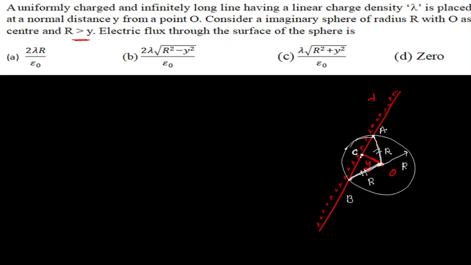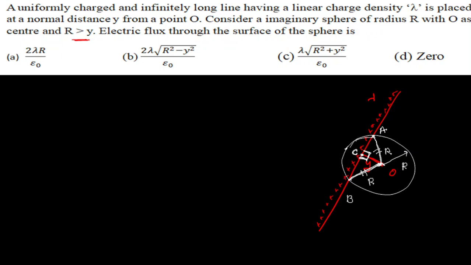Then you see from O we have drawn a perpendicular. OC is the normal to the infinitely long line charge. So in this case, this angle will be 90 degrees and this angle will also be 90 degrees.